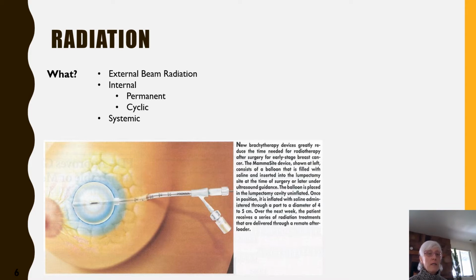What happens here is a needle with a port attached to it, and the port is that sort of tube with the different inlets and outlets associated with it, that is surgically implanted and left in place so that the patient can come back for radiation therapy on a regular basis, maybe daily for a period of time, or maybe weekly for a period of time, where a little radioactive pellet is placed in that tube into the breast, in this case, and left there for a certain period of time. And then the pellet is removed, but the port is left in place.